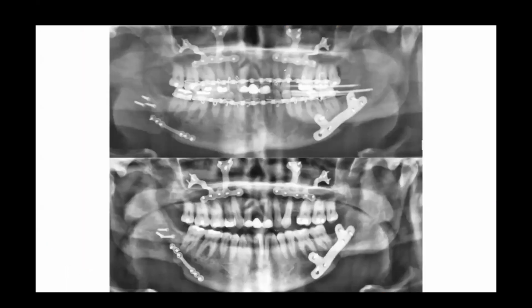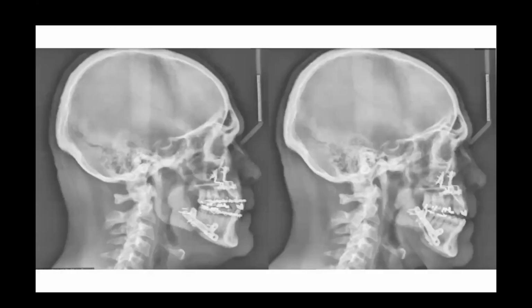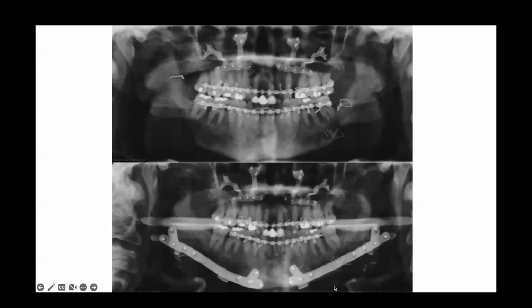Middle-aged man from California came to see me after MMA. Unfortunately, developed bilateral non-union. Usually when you have mandibular displacement and non-union, you're going to have infection. Okay, there you can see bilateral non-union with malocclusion. Due to infection, the hardware had to be removed.